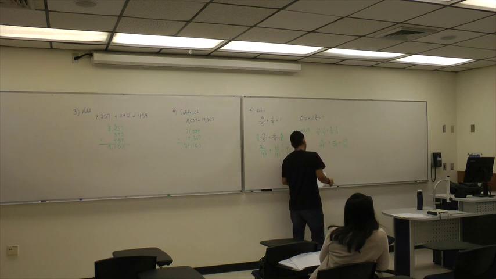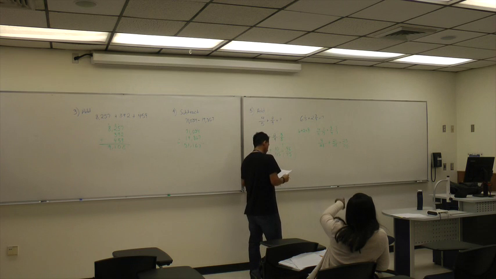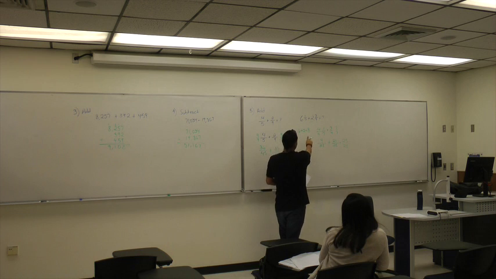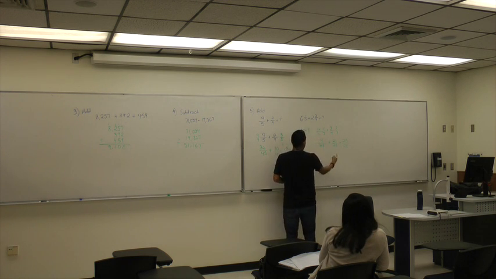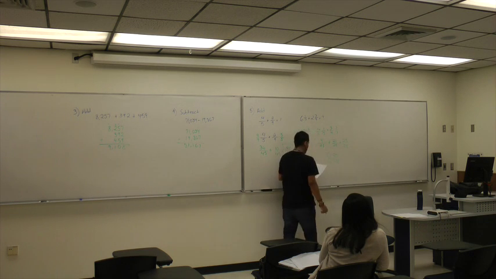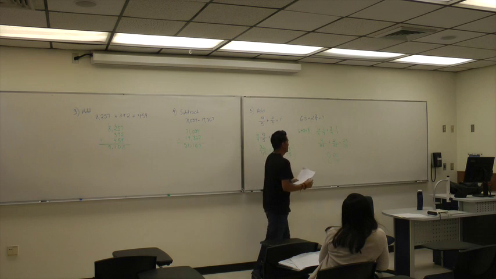Can you simplify that? No. Now we have to remember that we also have this 8, right? So we have 8, and then 25 over 28. There you go, and that would be the answer.